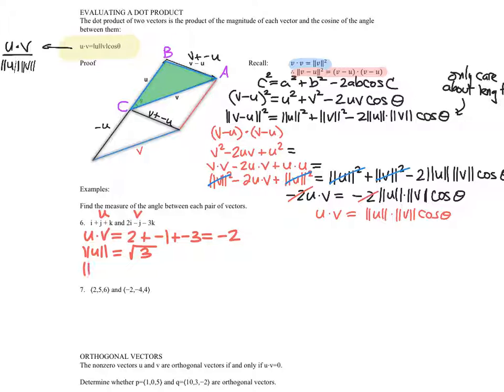You're not going to need a fancy program in your calculator for that one. Magnitude of v: 2 squared plus -1 squared plus -3 squared. So 9, 10, so 14.